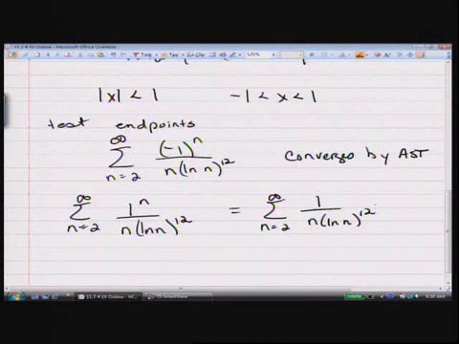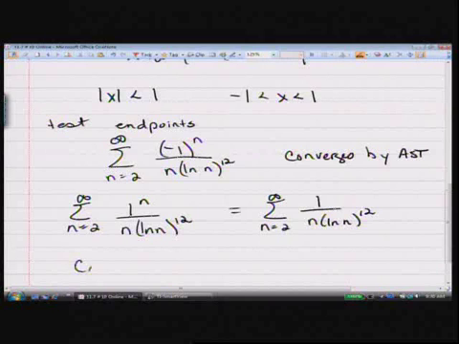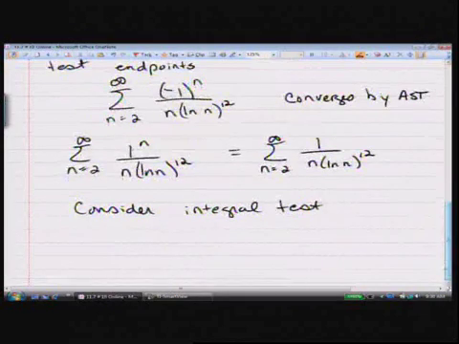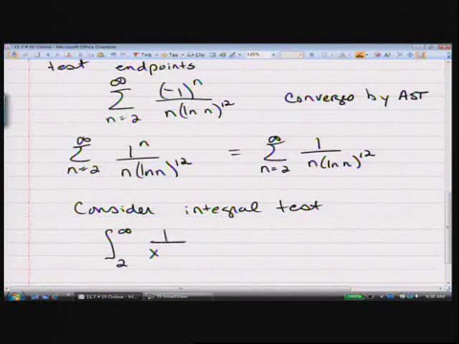Okay. So if we consider the integral test, and we look at the integral from 2 to infinity of 1 over x ln x dx.